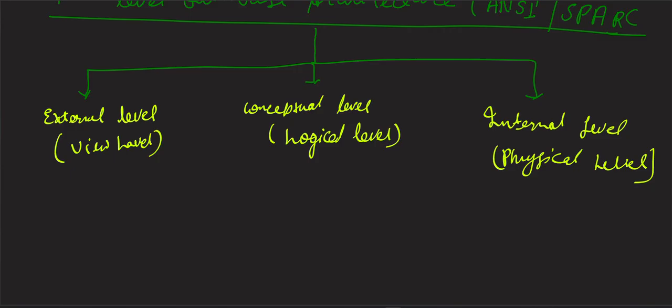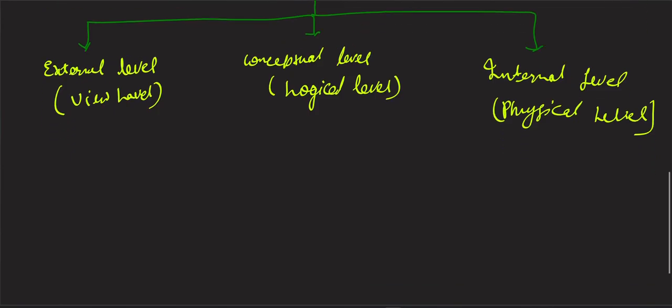Moving toward the conceptual level or logical level. It provides the community view of the entire database. It shows how the data is stored and the relationships among the data. It is independent of physical storage. For example, take a university database, which defines entities like student, course, faculty, and their relationships.